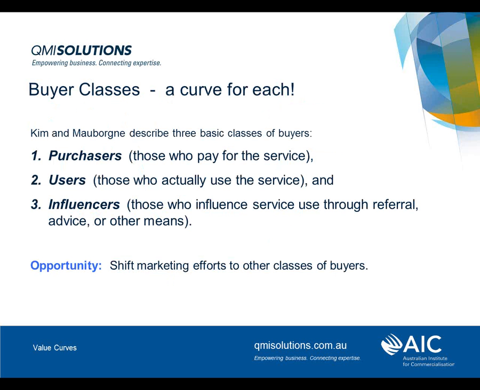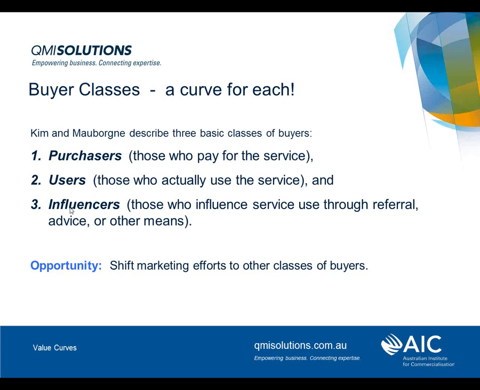Another thing I'd like to make you aware of is that you can do the value curve of the whole business, but also for each customer segment that you operate with. Within each customer segment, there are actually three classes of buyers. There are those who actually pay the money and purchase the goods, but then potentially there are users that might not be the same people that bought it.